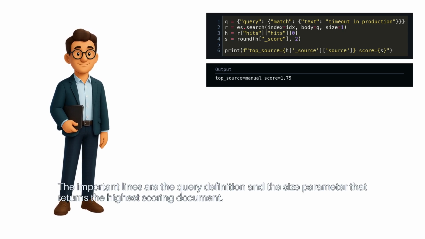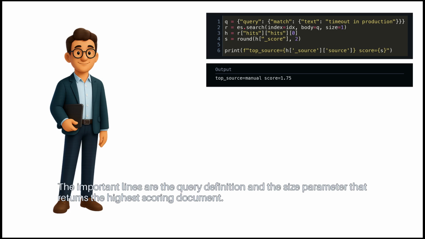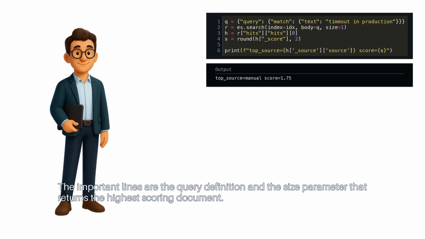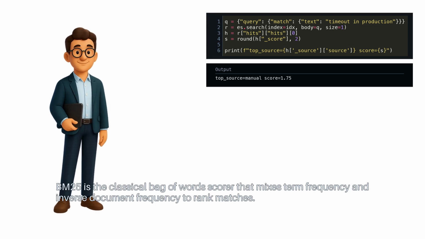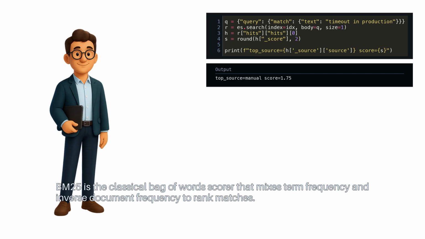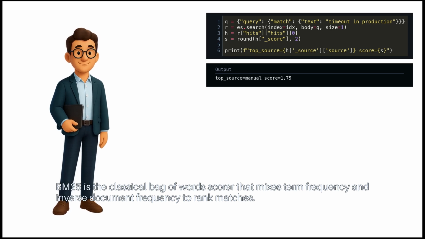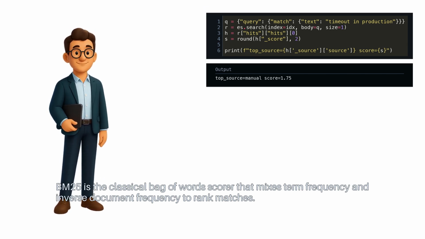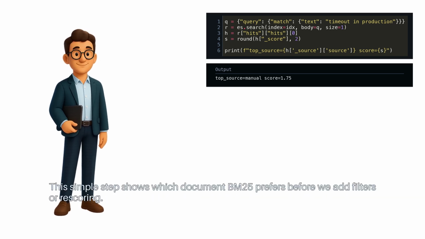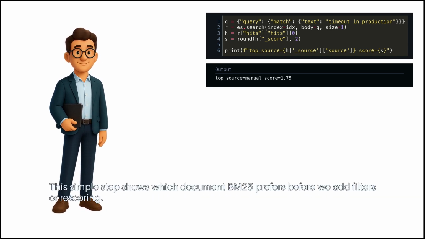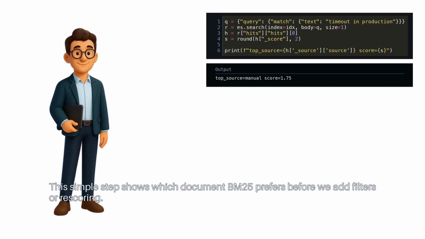The important lines are the query definition and the size parameter that returns the highest scoring document. BM25 is the classical bag-of-words scorer that mixes term frequency and inverse document frequency to rank matches. If you increase size, you get more candidates at the cost of more post-processing. This simple step shows which document BM25 prefers before we add filters or rescoring.